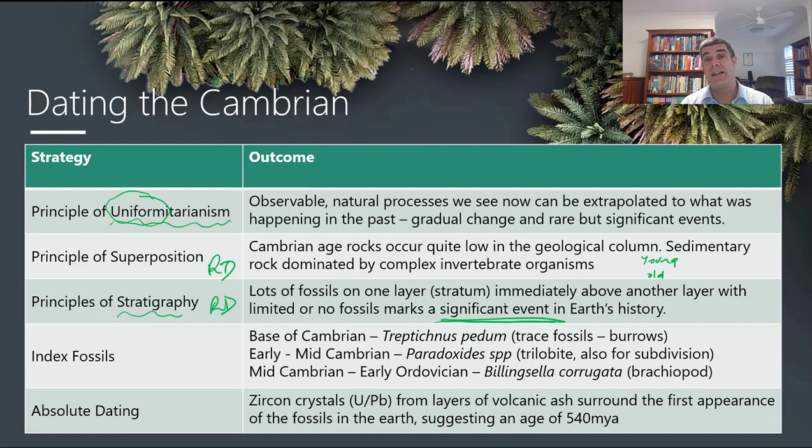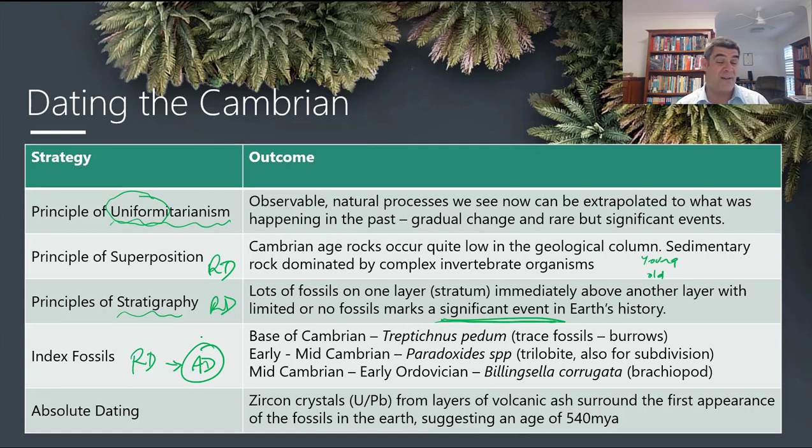We've now talked about index fossils as well, and index fossils are still about relative time, relative dating, but they're starting to get a little closer, depending on how good they are as index fossils, to some sort of absolute dates. So we know the base of the Cambrian is really important. We find trace fossils, actually, little burrows that were made by maybe some sort of worm-like, soft-bodied creature.